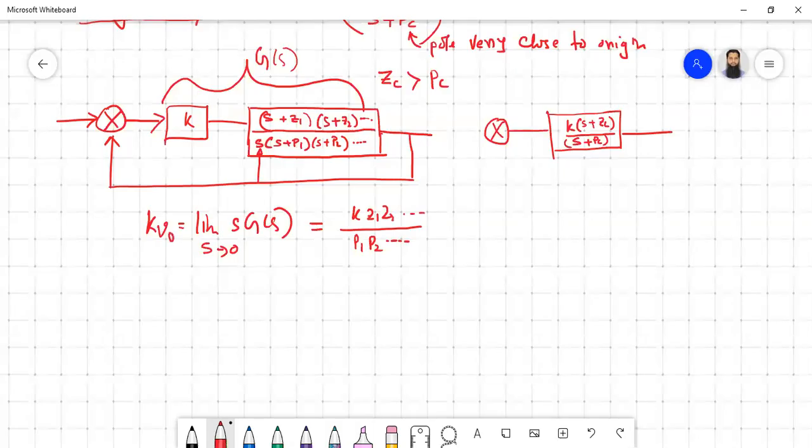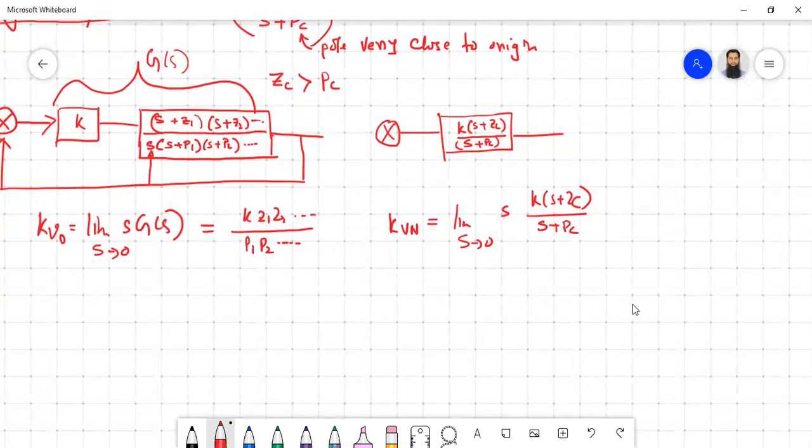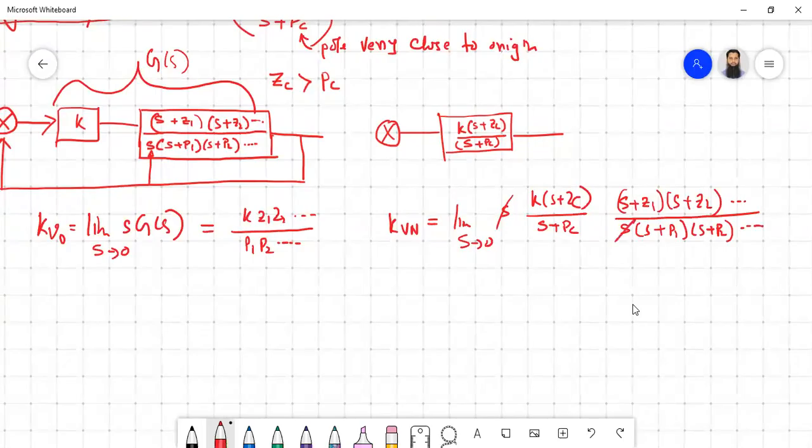So say this is the old system, or the uncompensated one, and for the new system, Kv new, what we are going to get is the limit as S tends to 0 of S times K (S plus ZC) divided by (S plus PC), times the previous one, that is (S plus Z1)(S plus Z2) and so on, divided by (S plus P1)(S plus P2) and so on. So they are getting cancelled out, the S is vanishing.